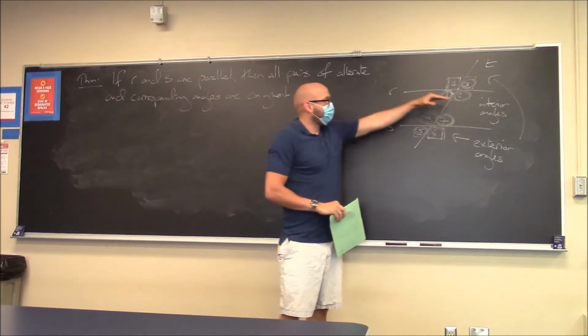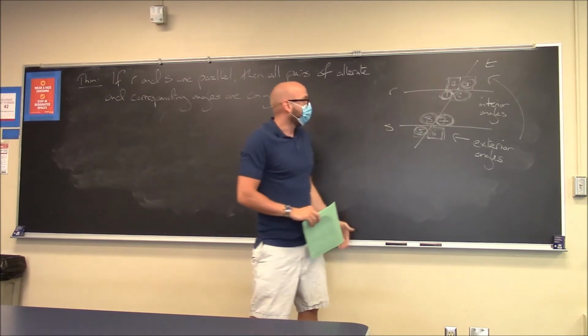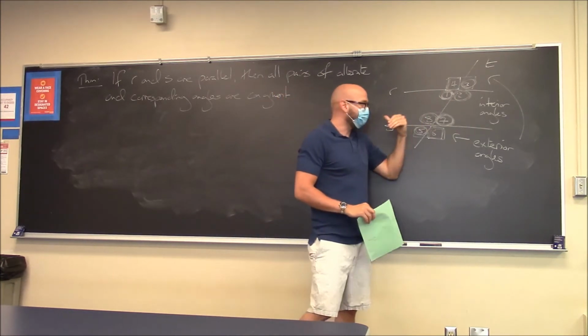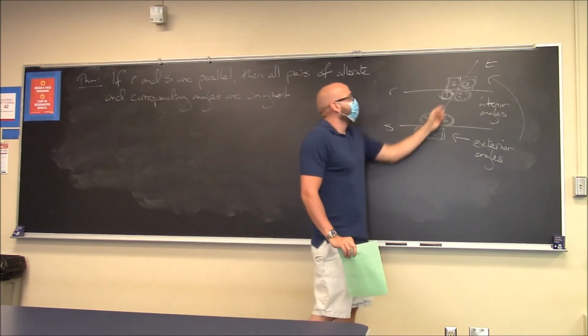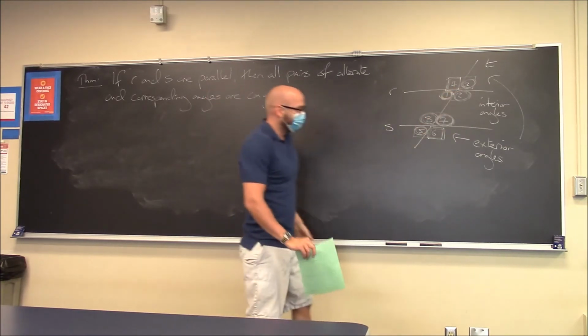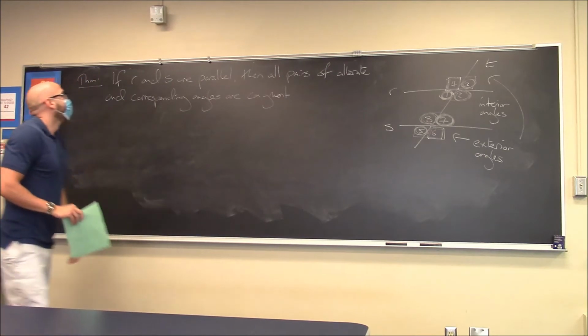I've drawn R and S so they're parallel, so it certainly looks to be the case that this theorem is true, at least in this drawing, that no matter which pairs of alternate or corresponding angles you choose, they're always congruent. So that's a theorem.